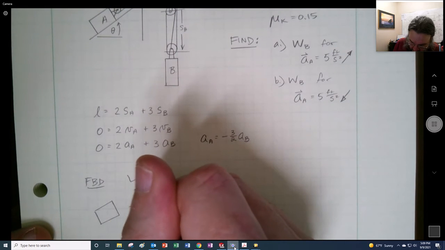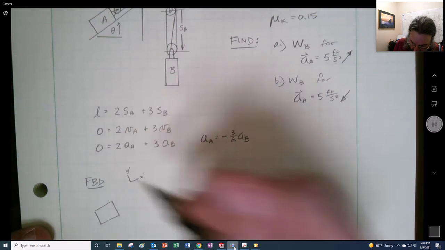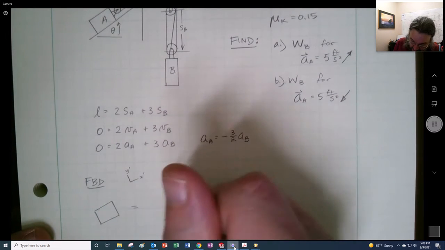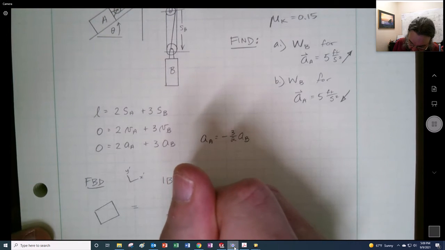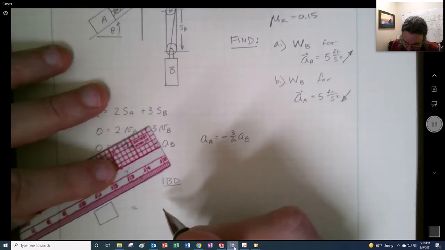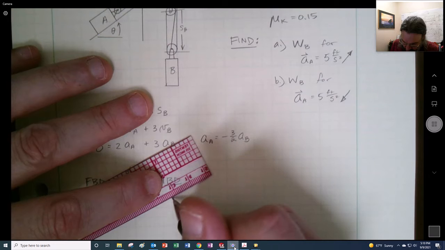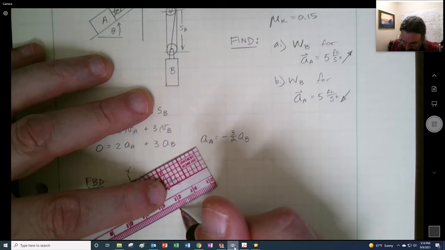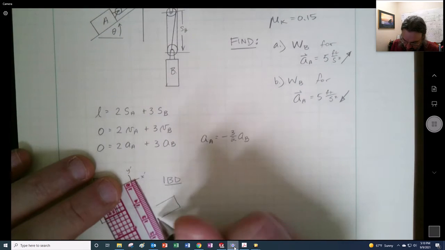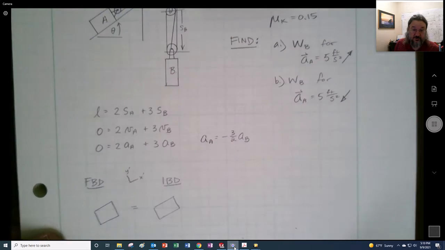So we're going to make a slope with x prime and y prime coordinates. We're going to set that equal to an IBD. I didn't do a great job making a parallel line there on the bottom. There you go, a little bit better, not much.